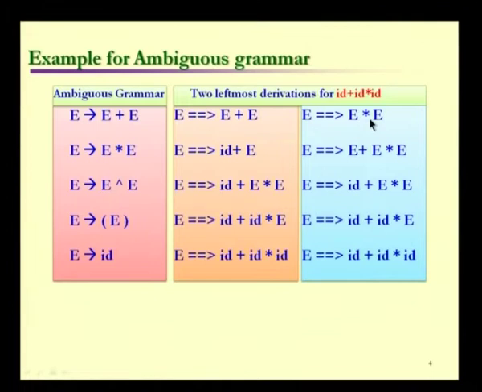When you go to the third level, we will again have only 3 nodes for the first derivation, whereas we will have around 5 nodes for the second derivation. So both derivations are completely different, but we started with the starting symbol of the grammar and ended up with the exact sentence we want to derive, which shows that this grammar is an ambiguous grammar.